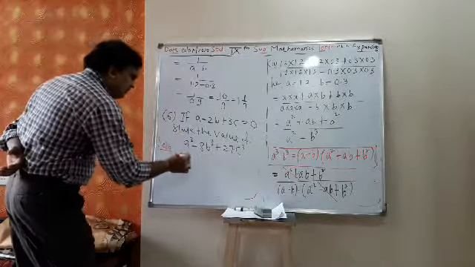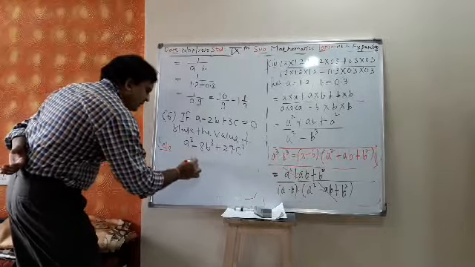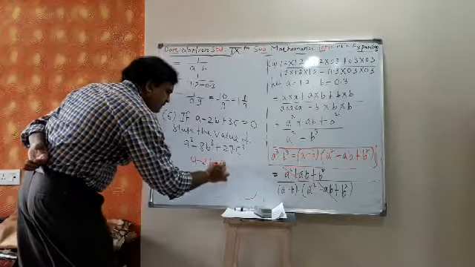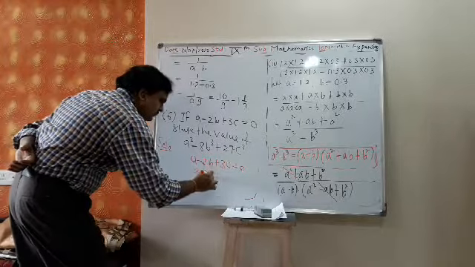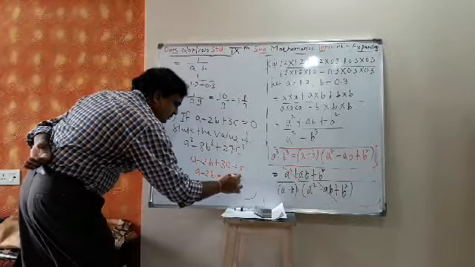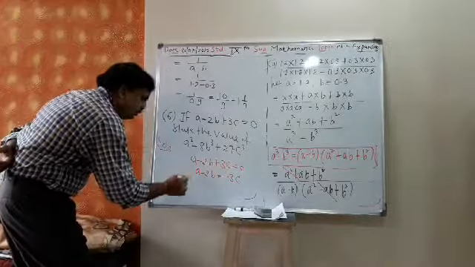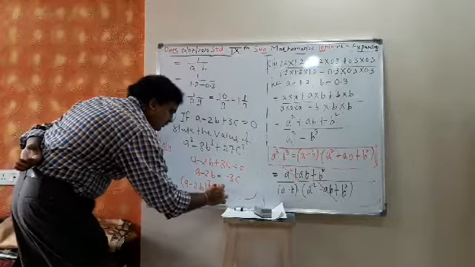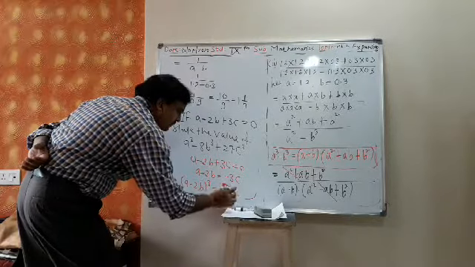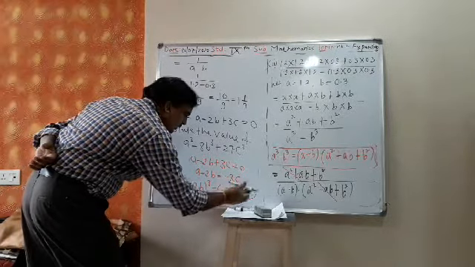See, let me give you the hint. A minus 2b plus 3c is 0. Take 3c on the other side: a minus 2b is equal to minus 3c. Now take cube, so a minus 2b whole cube is equal to minus 3c cube. And then use the formula for a minus b whole cube.